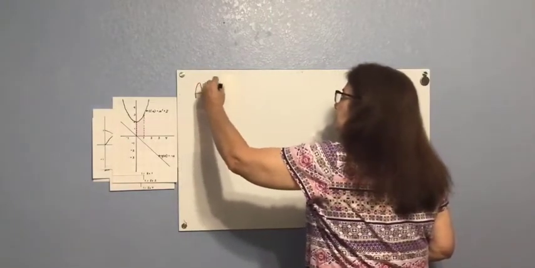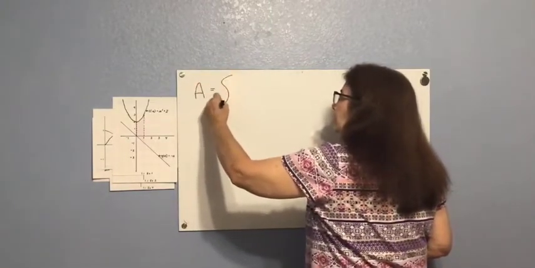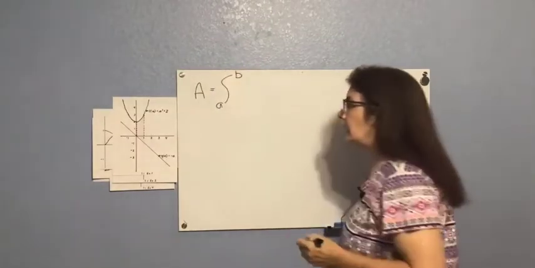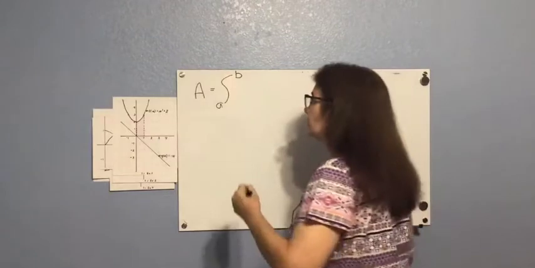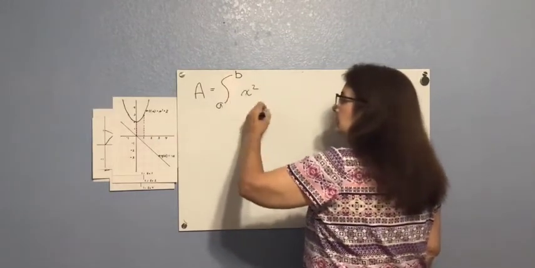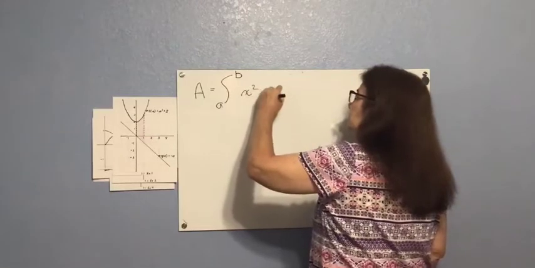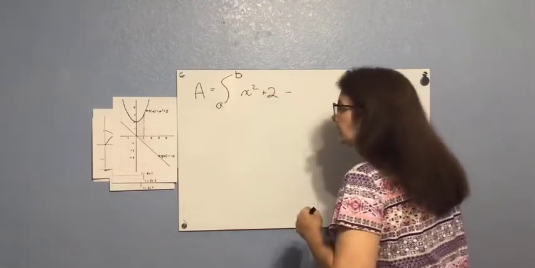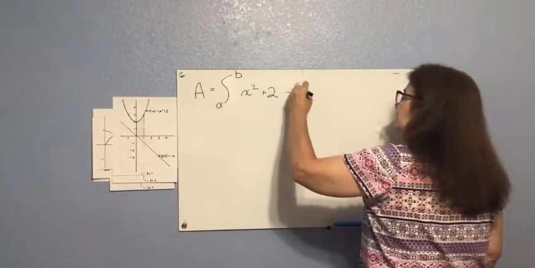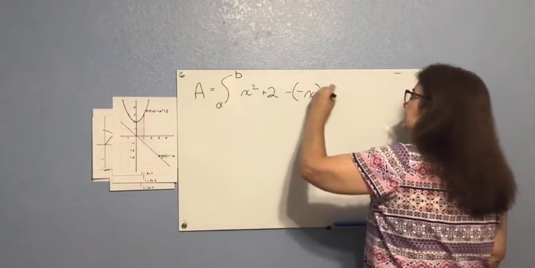The area is equal to the integral from a to b of the top function, which would be the x squared plus 2, minus the lower function, which is negative x.